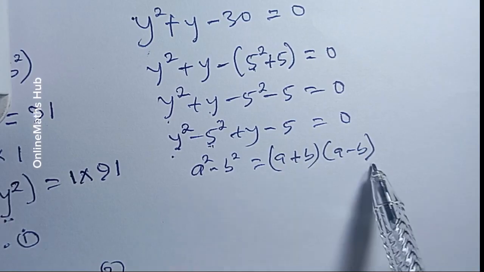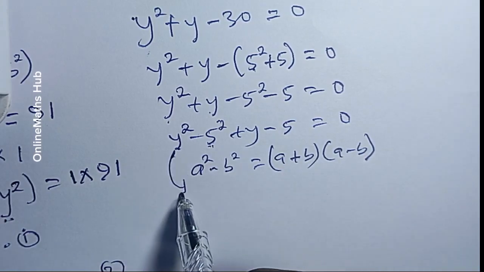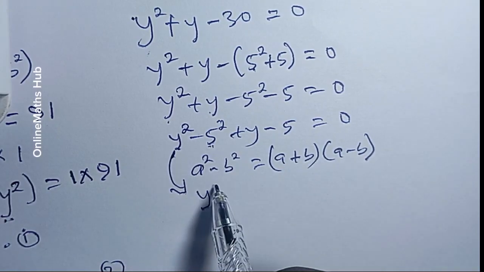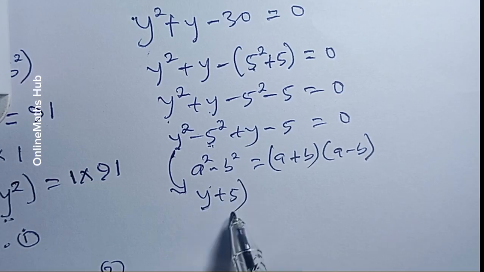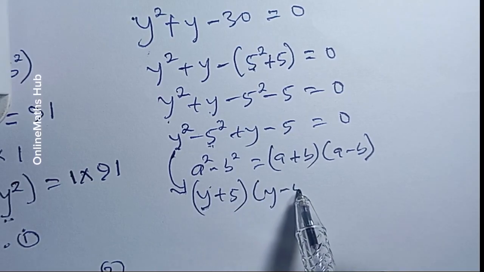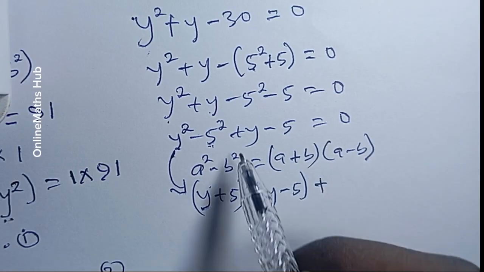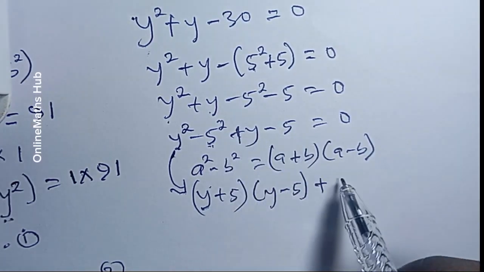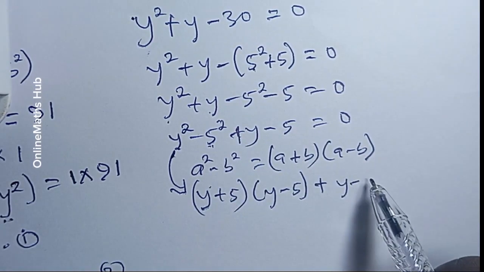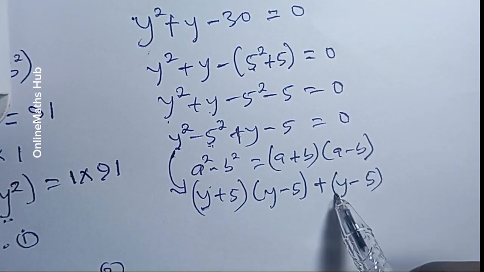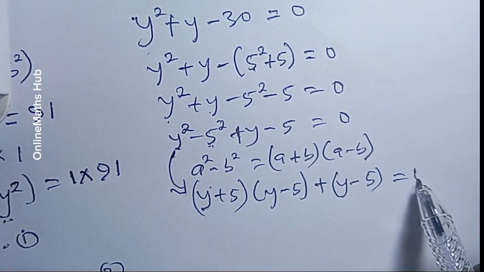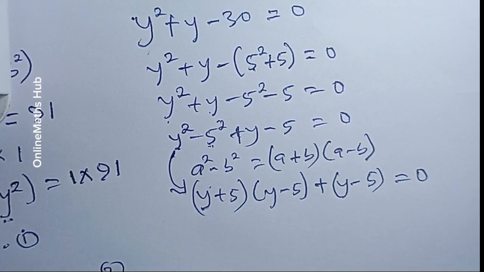So using this expansion, what I'm going to have here is y plus 5 multiplied by y minus 5, and then plus the same thing we have right here, that is y minus 5. Let me put this in brackets, and of course it is equal to 0.